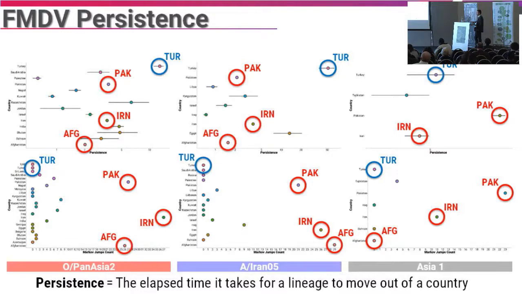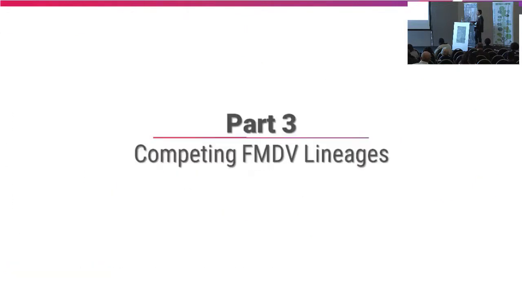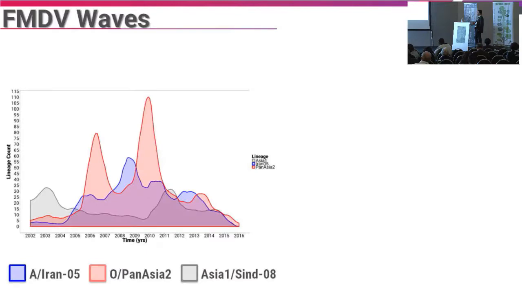And the other thing that is quite interesting to understand is the competing evolutionary dynamics between lineages. What you can calculate from the tree is how many lineages are present in the tree and overlap them between different serotypes.